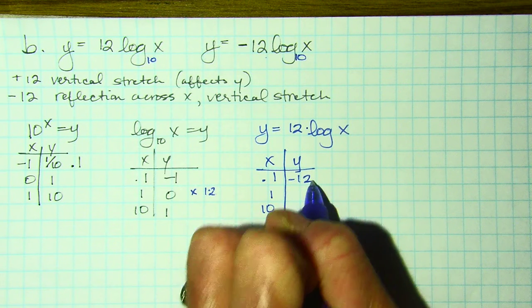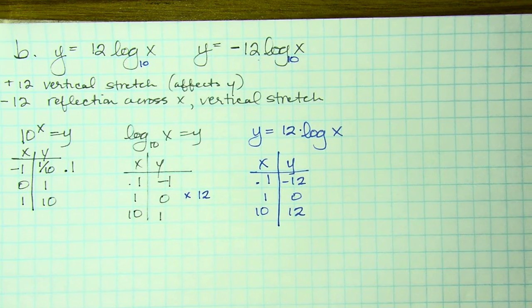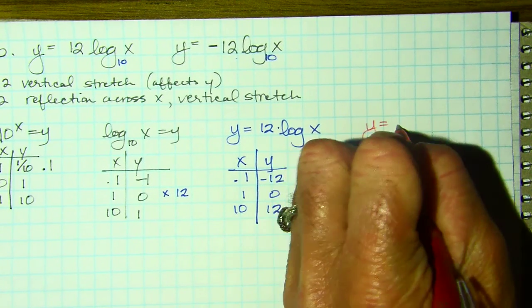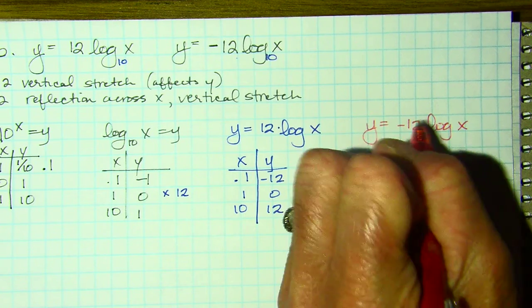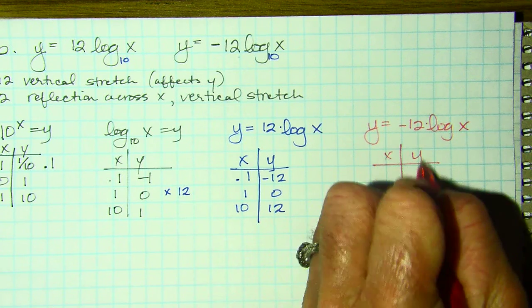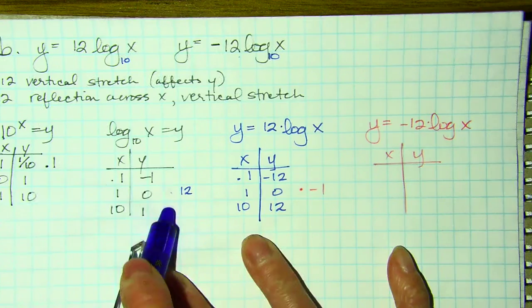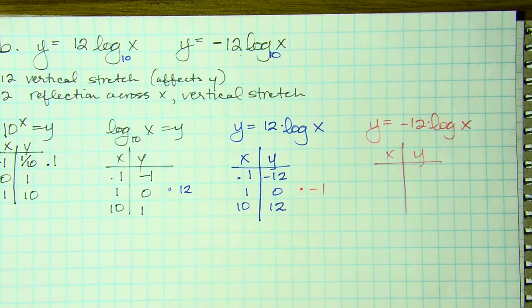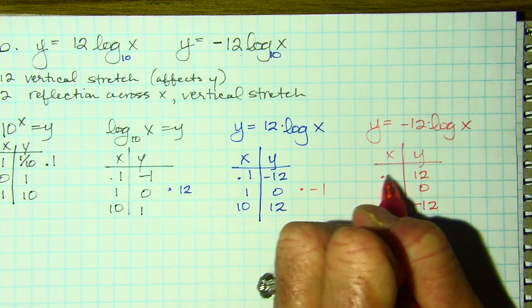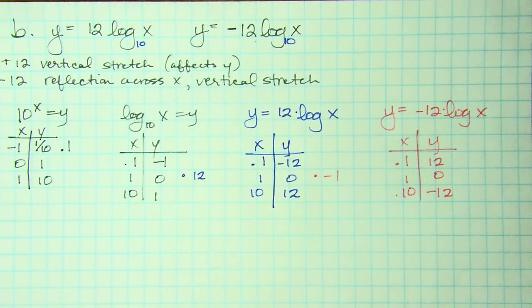So negative 12, 0, 12. And then finally, y equals negative 12 log of x. The only difference, it would be these values times the negative 1. So this would be 12, 0, negative 12. X values remain the same because it is only affecting our y values.